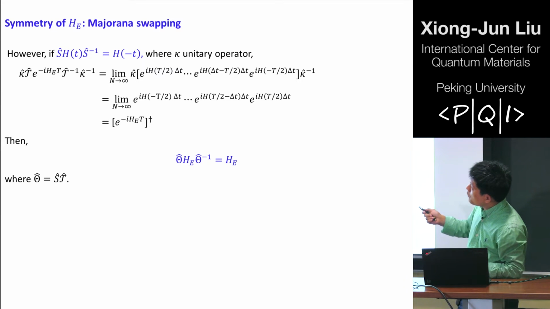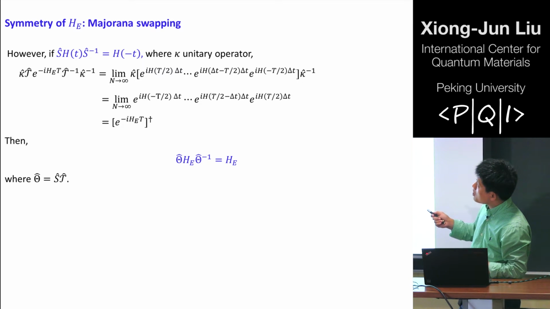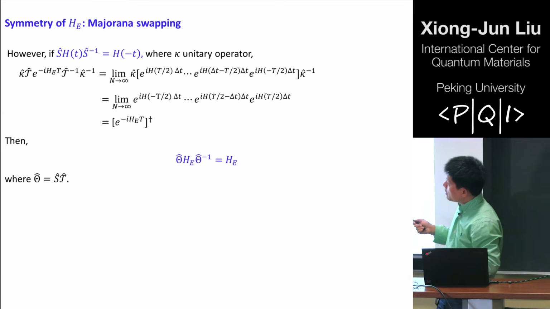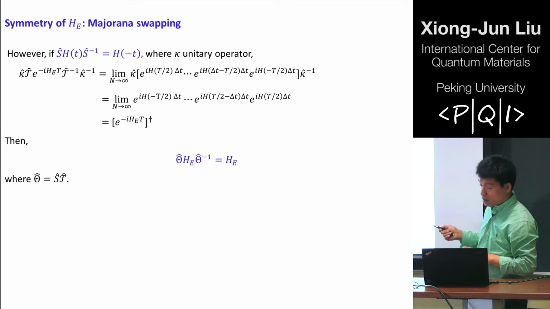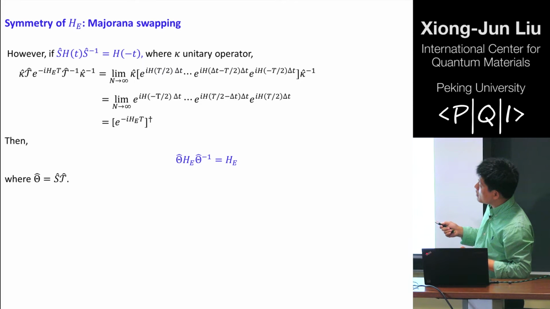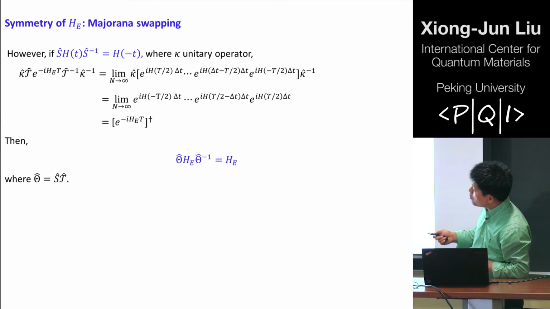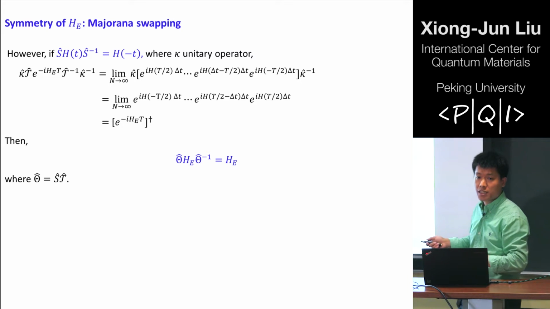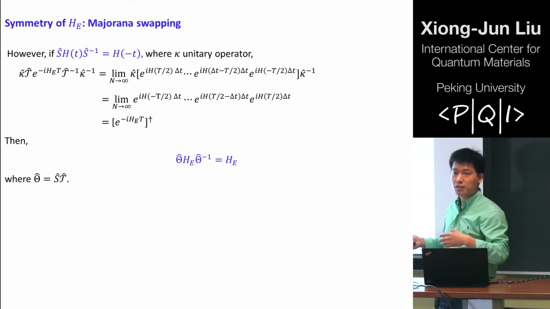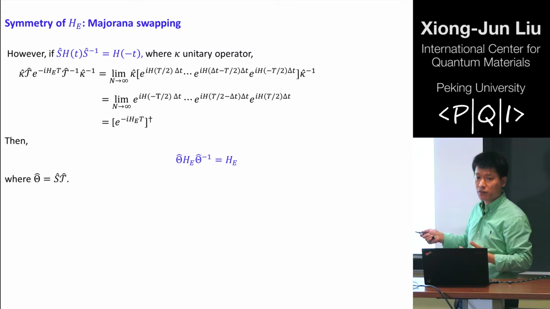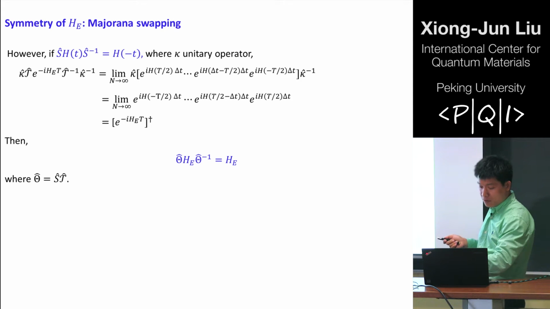If you have this additional Majorana swapping symmetry, you can show that the effective Hamiltonian obeys a new symmetry, which is the product of the original time-reversal symmetry and this additional swapping symmetry. This is a new anti-unitary symmetry for this system.